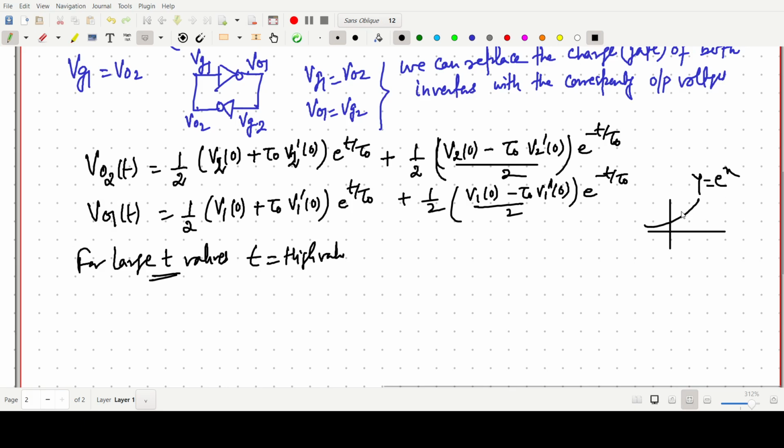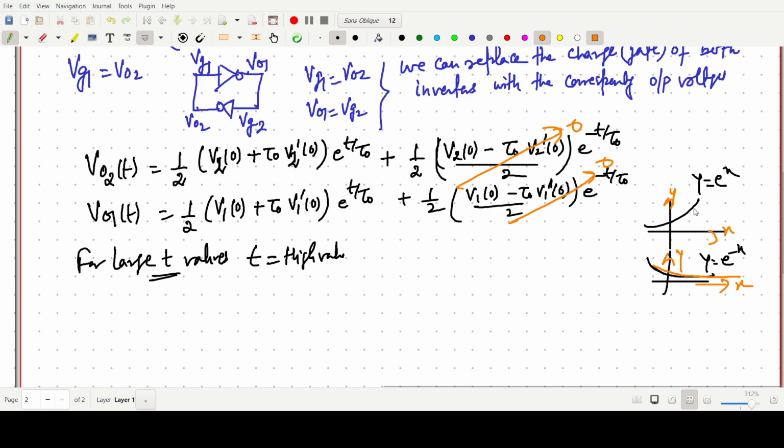If t is high, it will go up, and y equals e to the power minus x when t is high will approach 0 if we plot y and x.